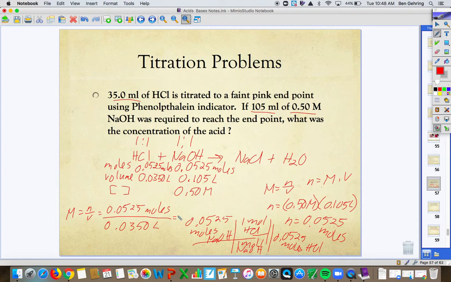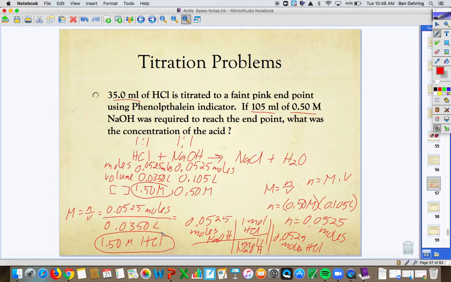When I do that, I get an answer of, because I have 3 sig figs on both sides, I need 1.50 molar. And so you should have 1.50 molar HCl. Should be our answer there.